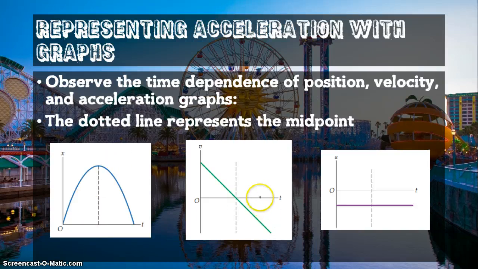If we look at the velocity, remember the velocity is the slope of our position time curve at any point. The slope of this position time curve as we go along is decreasing until it hits 0, and then it still continues to decrease as we go to the negative side. That's why we have a continually decreasing velocity time graph. Notice right here at the midpoint, our velocity again is 0, just like it was over here.